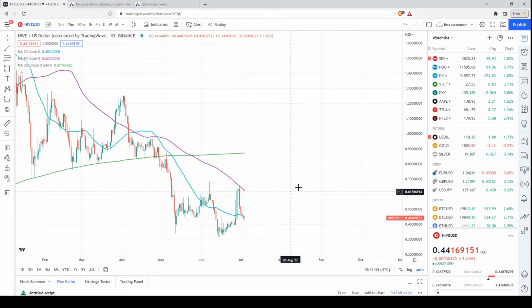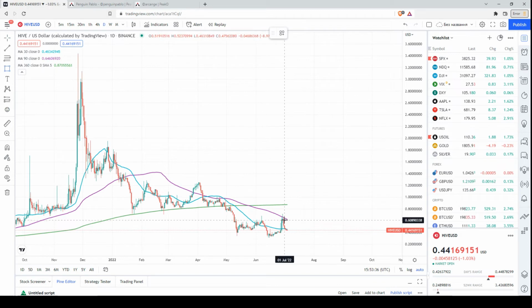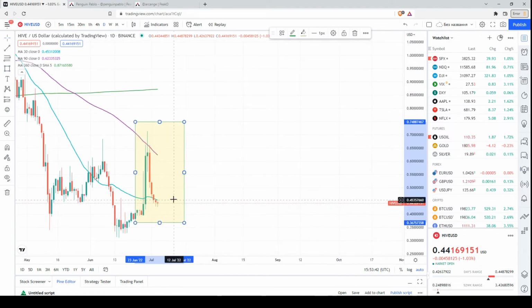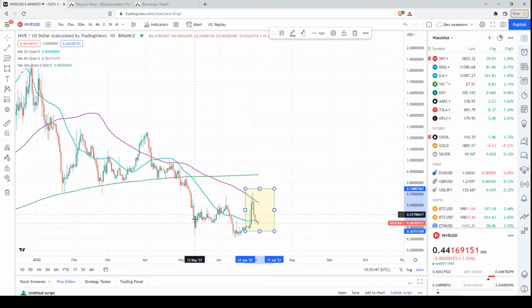Now let's see what happens in the near future, but at least it confirms that when we see the price located between these two moving averages and not below them like here, this is a confirmation that there is some kind of support here. The bulls are trying to support the price within this range or within this level.